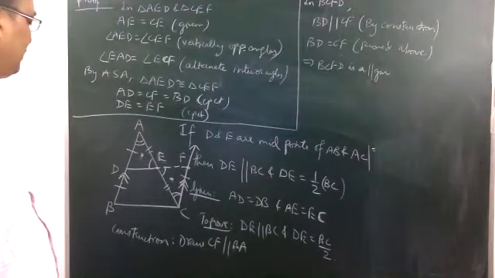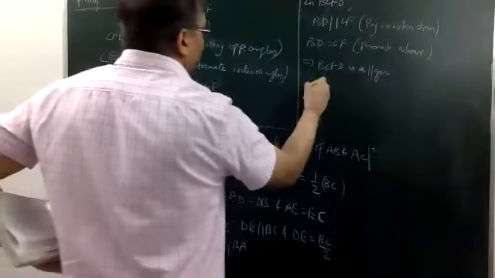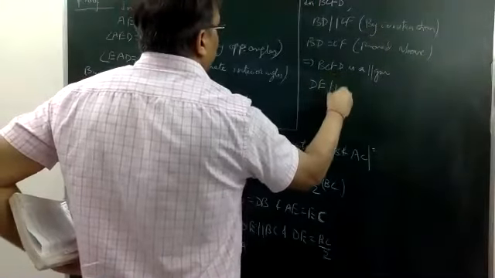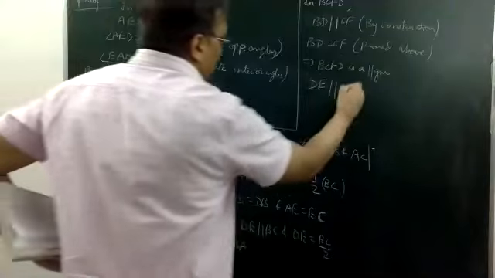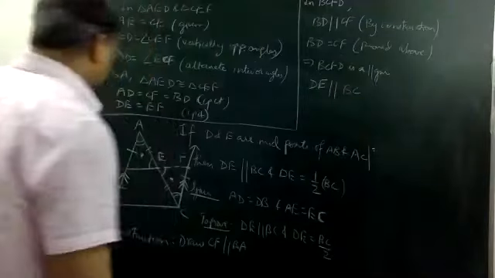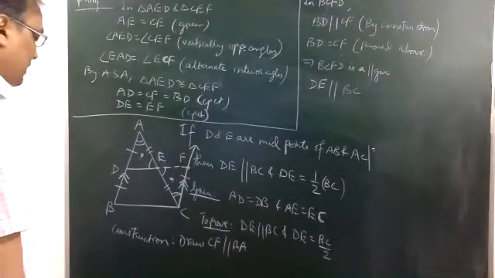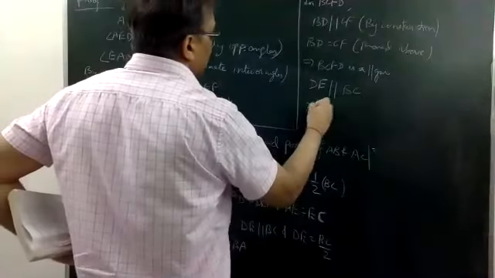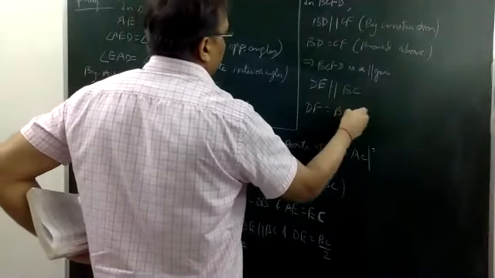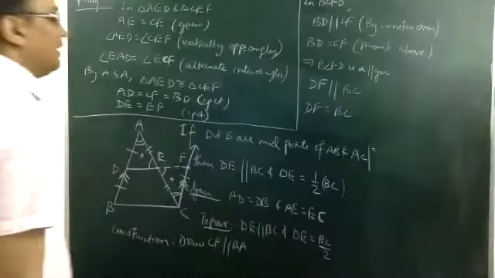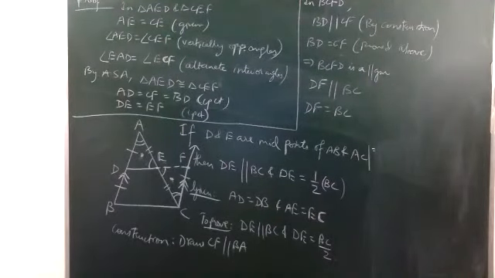अब ये अगर पैरेललोग्राम हो गया तो this will give you DF parallel to BC and DF equal to BC.